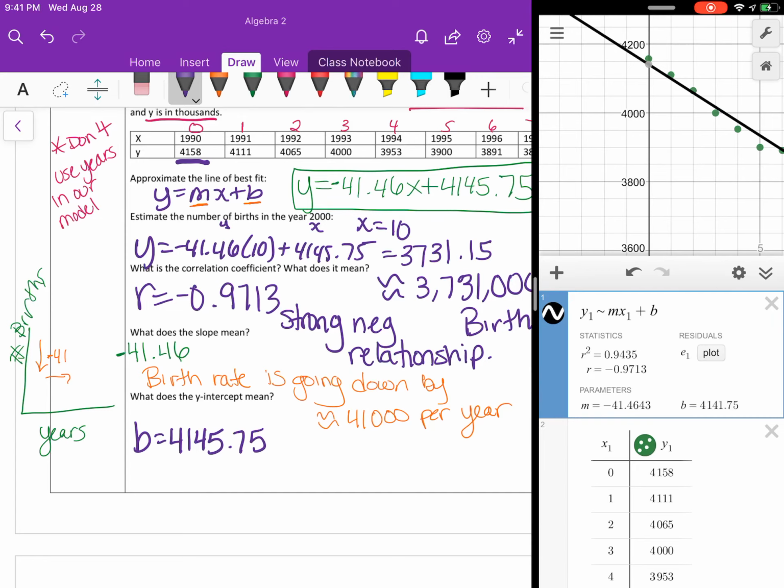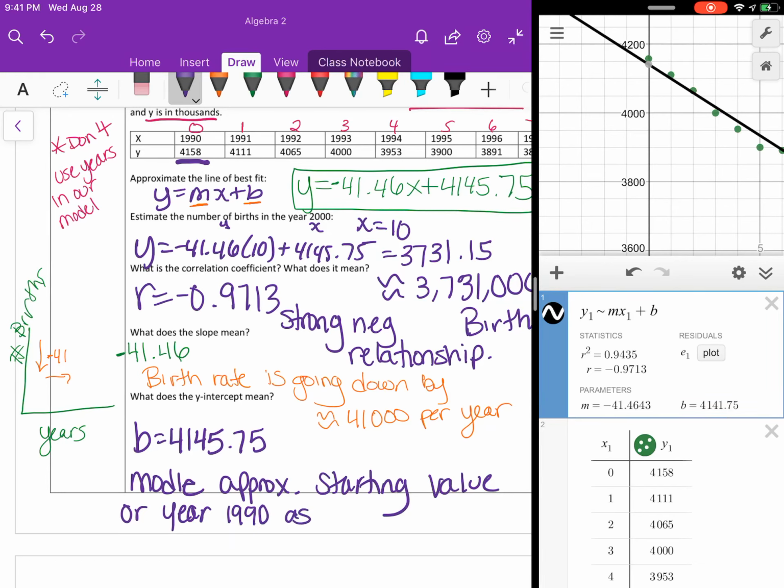So at year 0, essentially, or in 1990, this means that our model approximates the starting value for the year 1990 as approximately 4,146, we'll round up, 1,000 births per year.